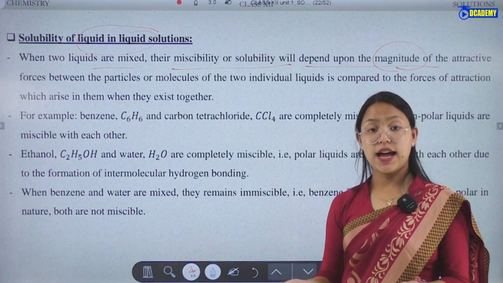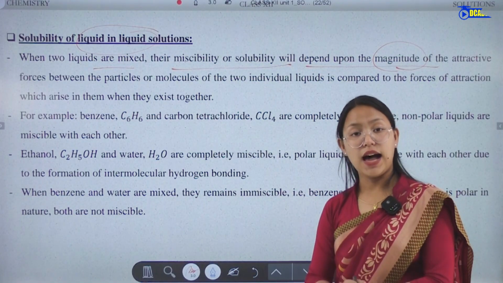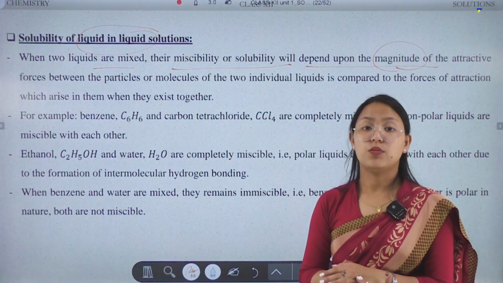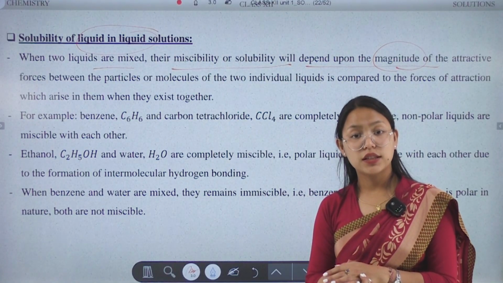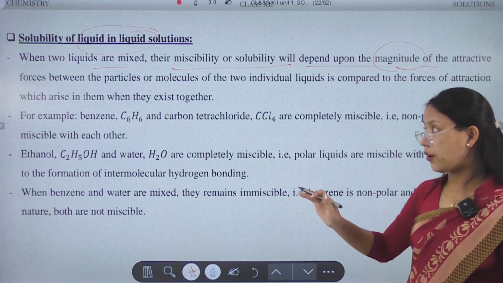If there are strong attractive forces, solubility is high or increased, or if weak, it will not be soluble.